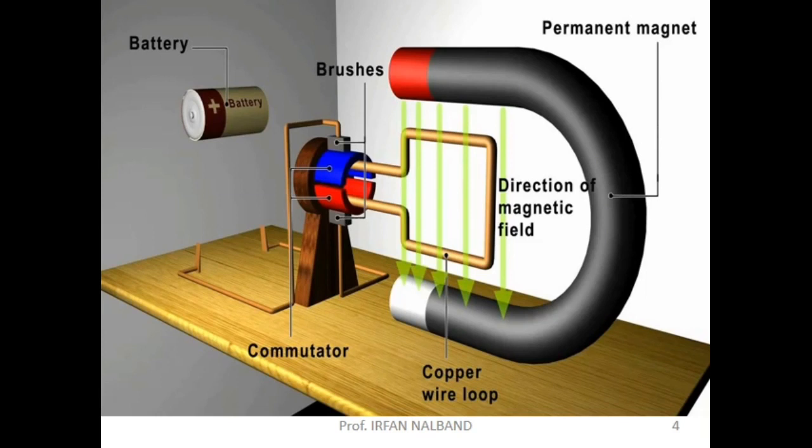As we discussed in the previous slide about the generator, this is a setup for the generator in which a magnet is provided. This magnet has a north pole and a south pole. In between these two poles, the magnetic field, or magnetic flux, is generated. This is a shaft which is connected to the turbine.